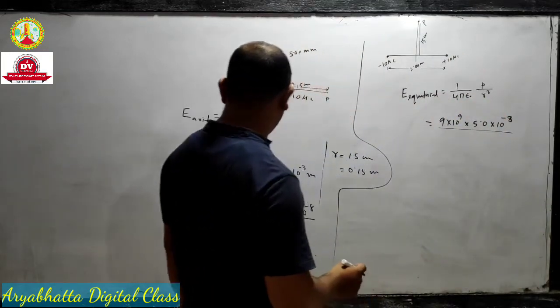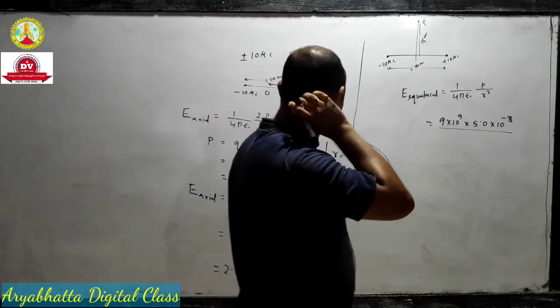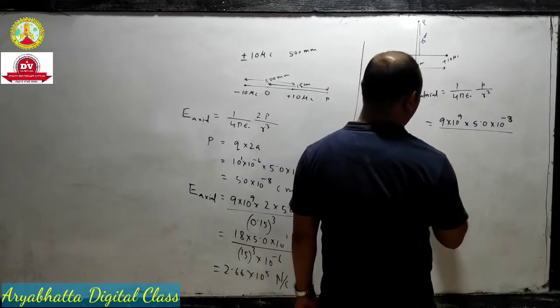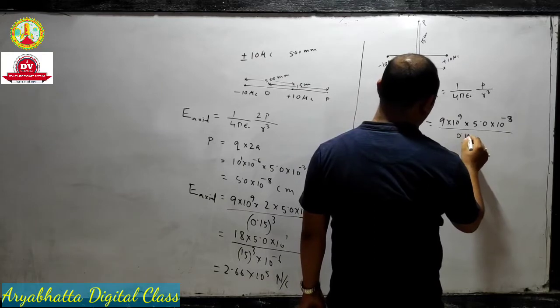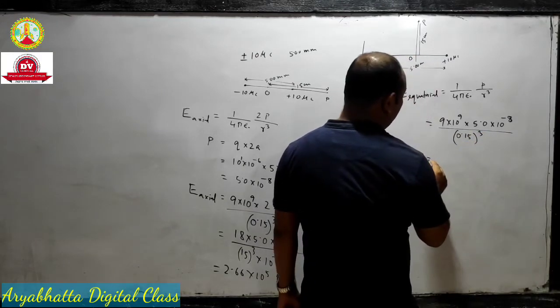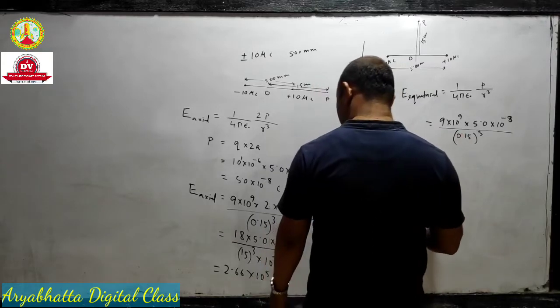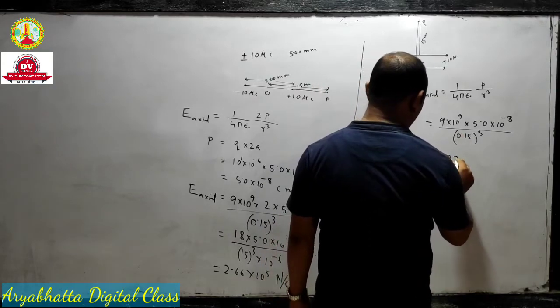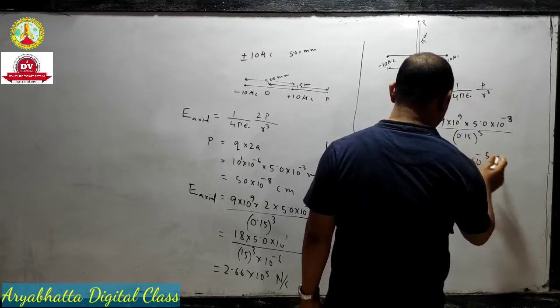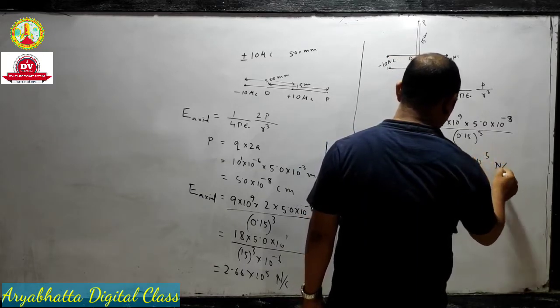R is the distance from center O to the point P, which is 15 centimeter, that means 0.15 meter. If you calculate this, the answer will be 1.33 into 10 to the power plus 5 Newton per Coulomb.